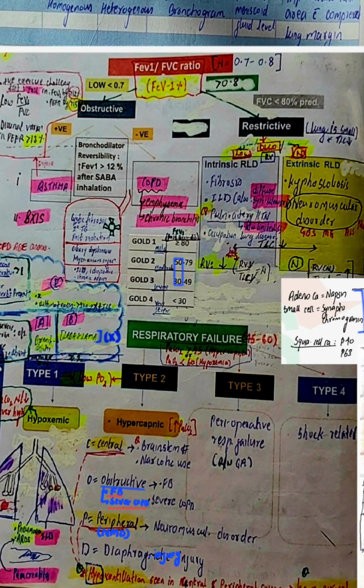So just remember, GOLD 2 is 50%, and GOLD 3 is 30%. Fine. Just remember 50, 30. 50 is GOLD 2, 30 is GOLD 3.